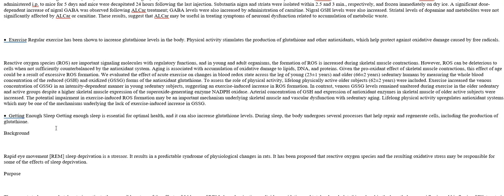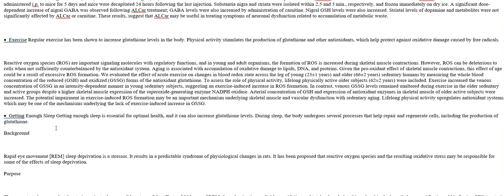Aging is associated with the accumulation of oxidative damage to lipids, DNA, and proteins. Even the oxidant effect of skeletal muscle contractions could be a result of excessive ROS formation.